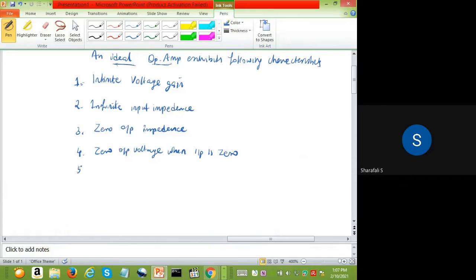And fifth one, infinite bandwidth, which means that all frequencies can be amplified.